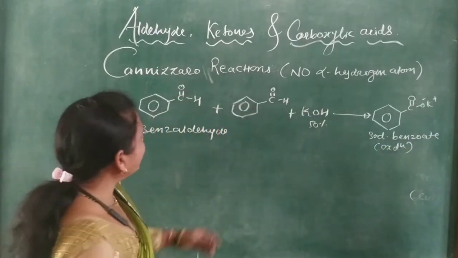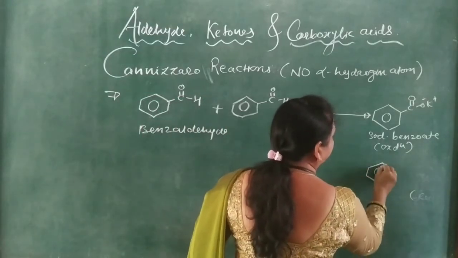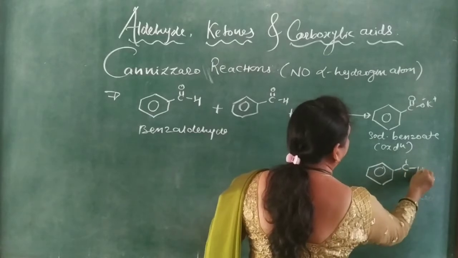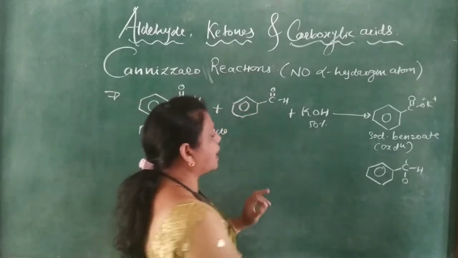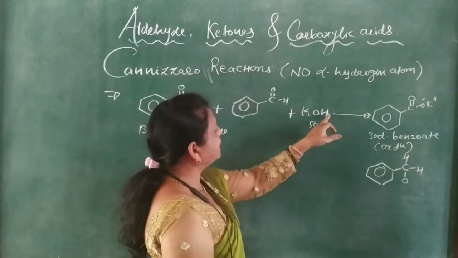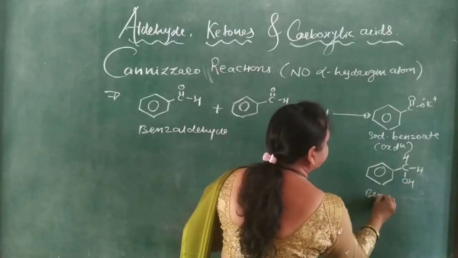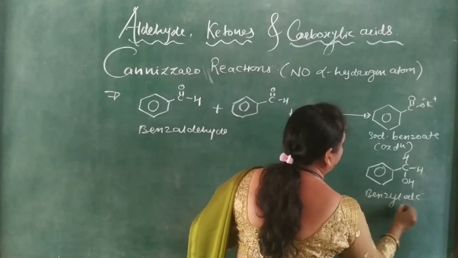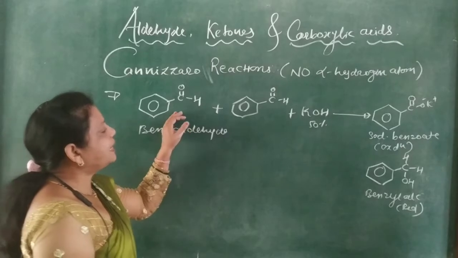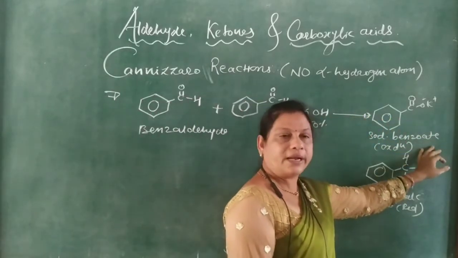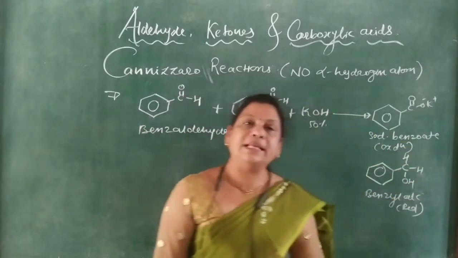Whereas in another benzaldehyde molecule, the C double bond is converted into a single bond, and now the H goes to this carbon and this H goes to oxygen, to form benzyl alcohol, and this is the reduced product. Again, I repeat: benzaldehyde is oxidized to benzoate, whereas another benzaldehyde gets reduced to benzyl alcohol.